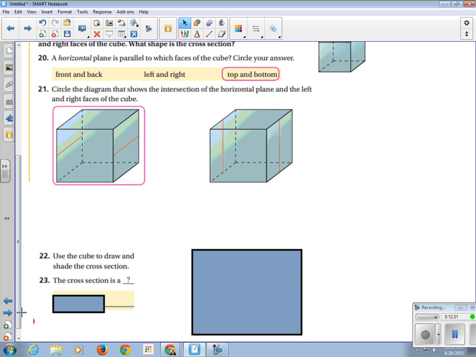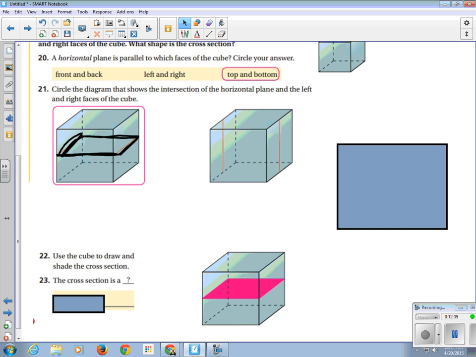So you use that as your starting place, and then you take your line here, so that you can see if I cut this horizontally, we're going to have half of our cube on top and half of our cube on the bottom. And the cross section is going to be a square. It's a square.